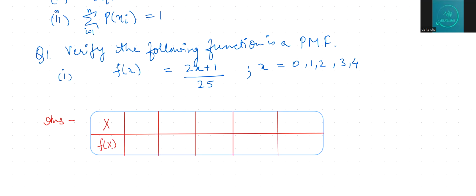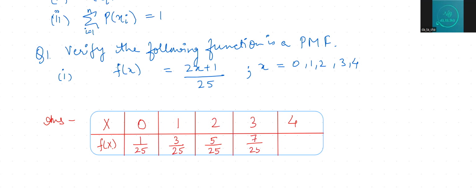So when I put x equal to 0 in f(x), it would become 1 upon 25. So I'll just substitute the values. When you put x equal to 1, it becomes 3 upon 25. And similarly, put the other values and we can calculate f(x) for each of the values.